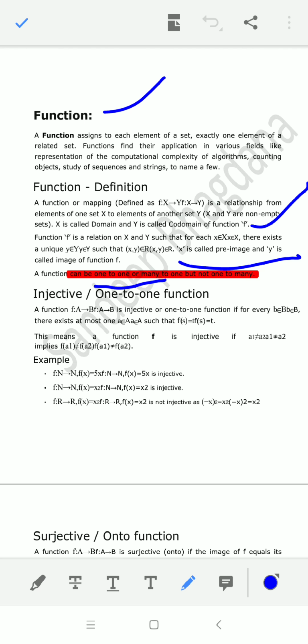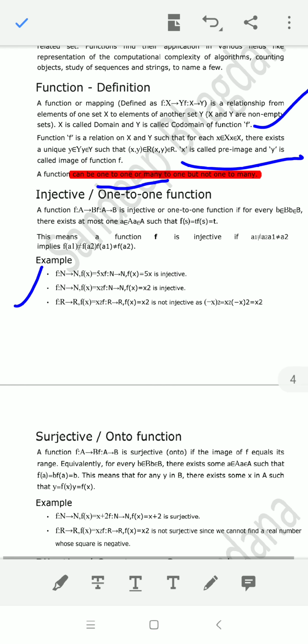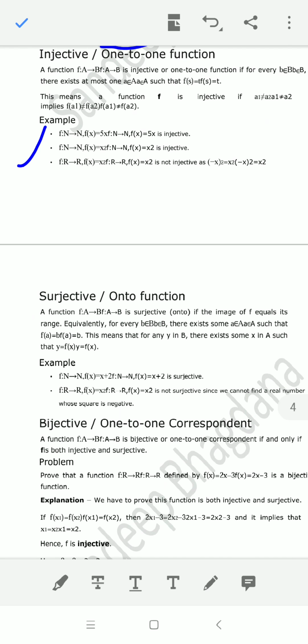Next is the injective, or one-to-one, function. A function f: A → B is injective, or one-to-one, if for every b belonging to B there exists at most one a, as shown with a simple example. Next is the surjective, or onto, function.